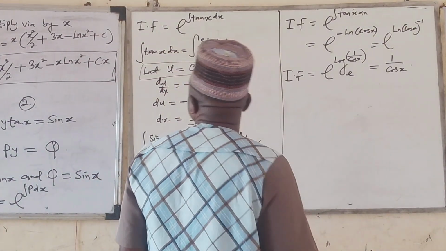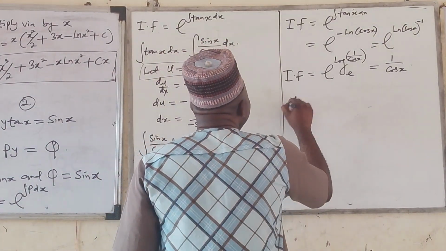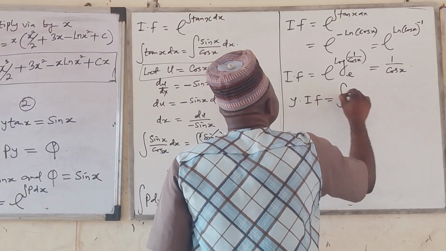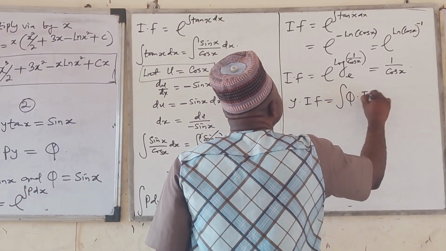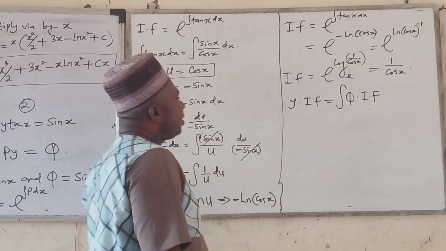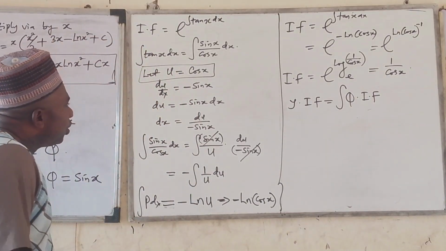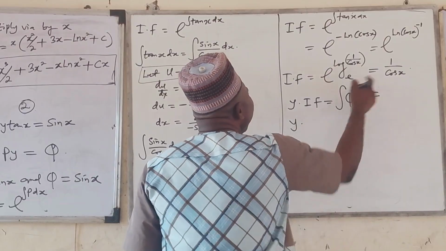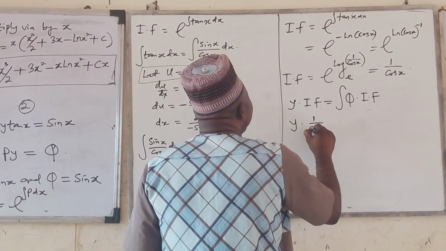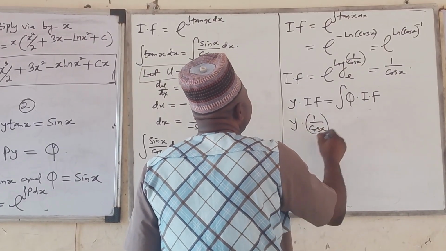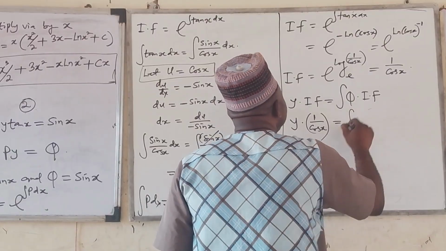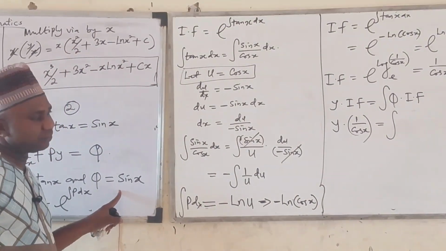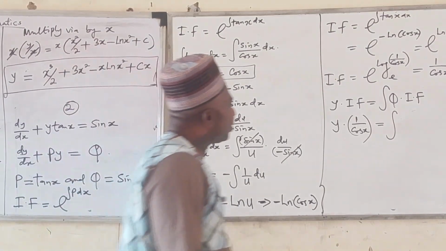Now remember the equation. We said y times the integrating factor will be equal to the integral of q times the integrating factor. So here, this will be y times 1 all over cos x, is equal to the integral of q times the integrating factor. Remember we said q is equal to sine x.